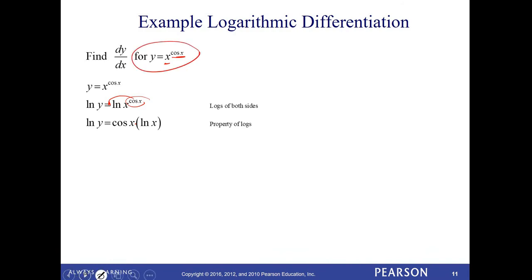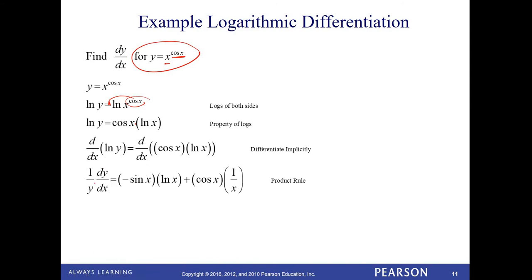So now I can use a product rule rather than having to figure out how to differentiate a complex function like this. So, taking the derivative of both sides, on the left we get 1 over y dy dx. Don't forget that this is a chain rule now because we're differentiating with respect to x. Product rule, the derivative of the first times the second, plus the first times the derivative of the second. I now am going to multiply both sides by y to isolate my dy dx.